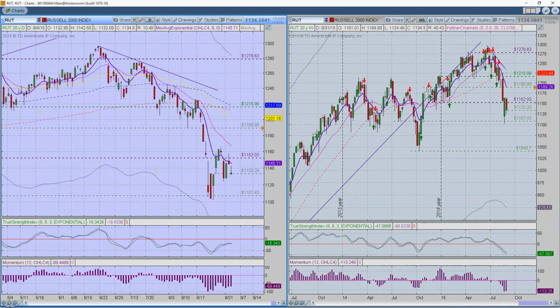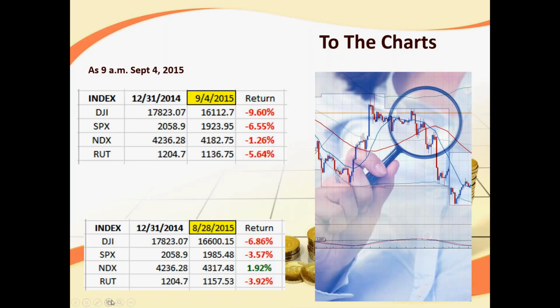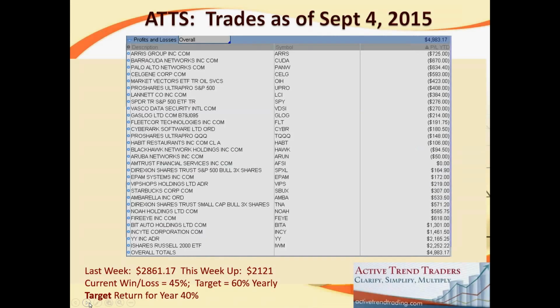So let's move on very rapidly. We actually had a very good week this past week, primarily by not trading.